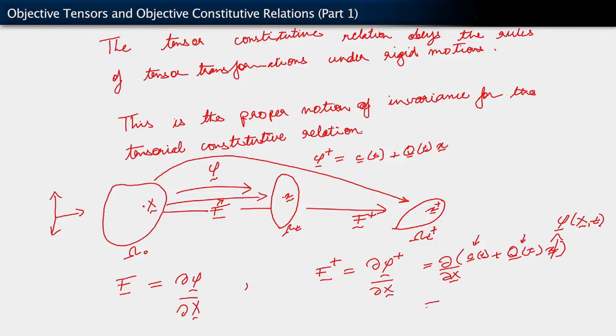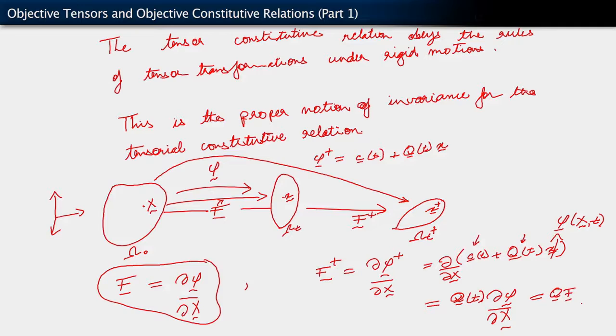So for F plus, we get Q of time times the partial of phi with respect to capital X, but that partial is the original deformation gradient. So we have Q of time times F.